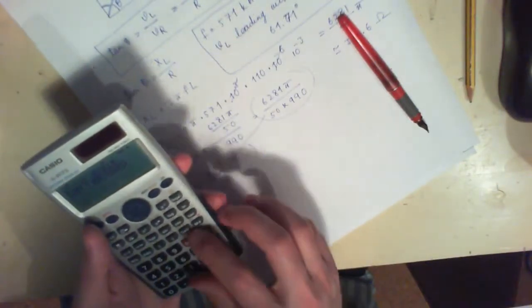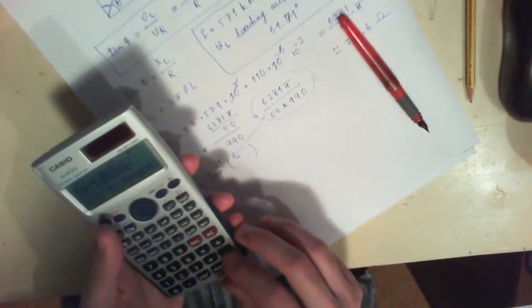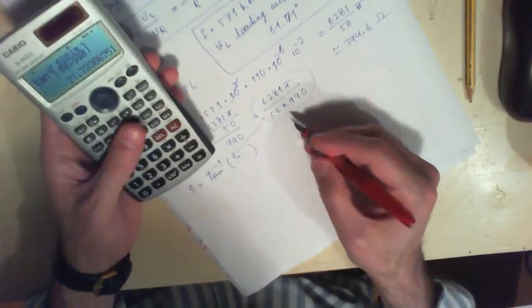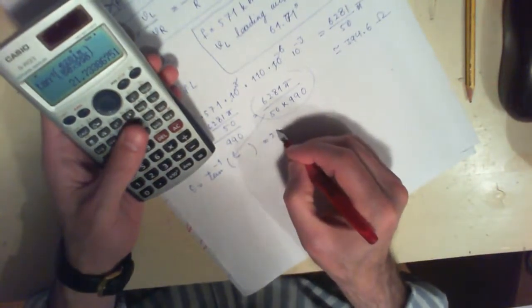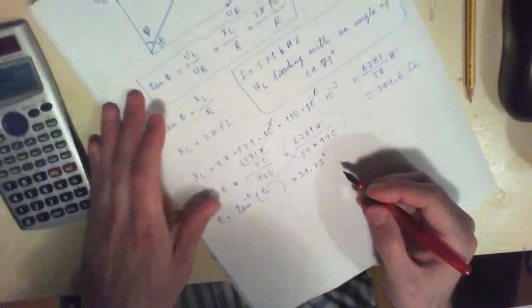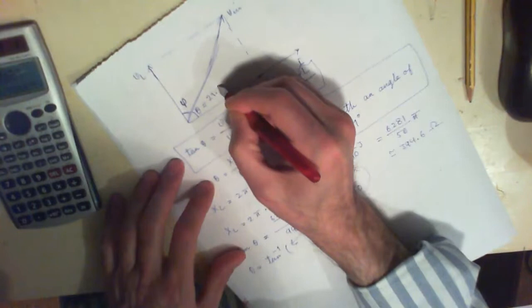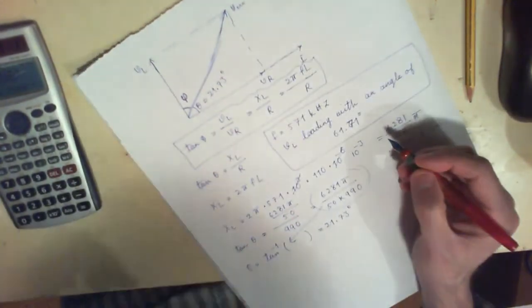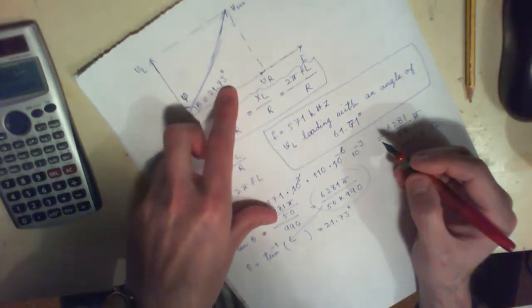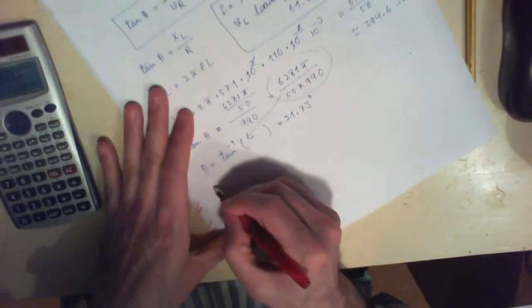If you calculate that, you will get 21.73 degrees. That means that theta is equal to 21.73 degrees.